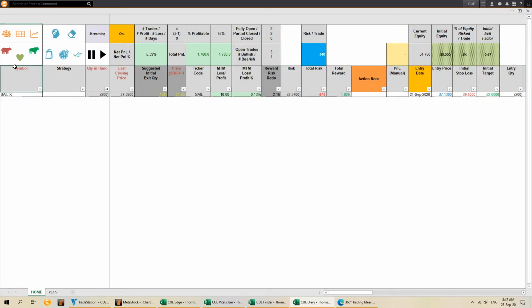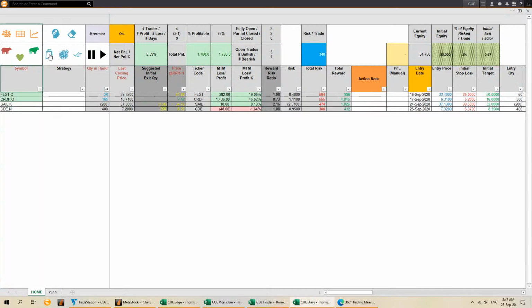If I click the bear icon, it is going to tell me that I have only one bearish trade, in a stock called SAIL. If I want all my open trades, I click this bag icon. These are the stocks I have in my holding, and it shows all my open trades, bearish or bullish. The bearish one is in negative quantity.